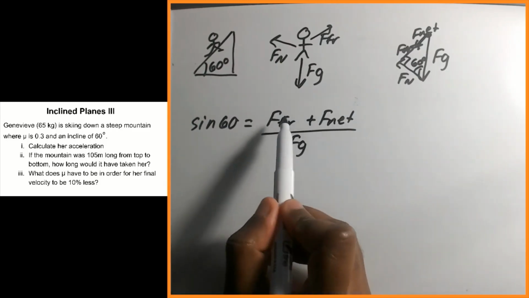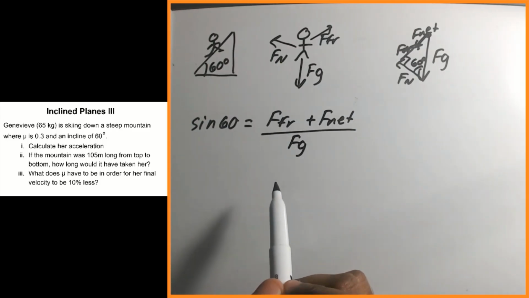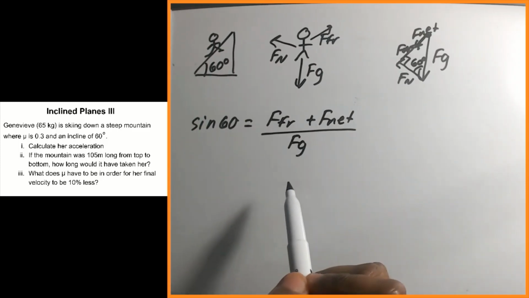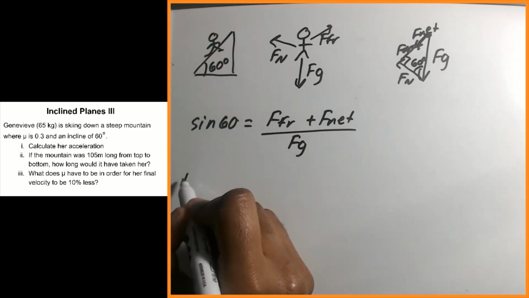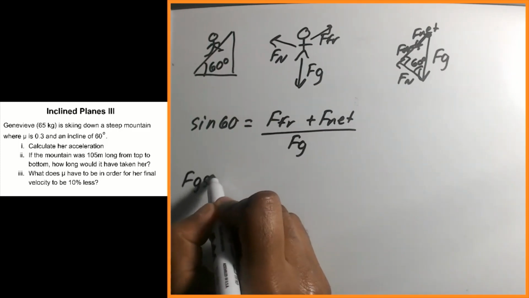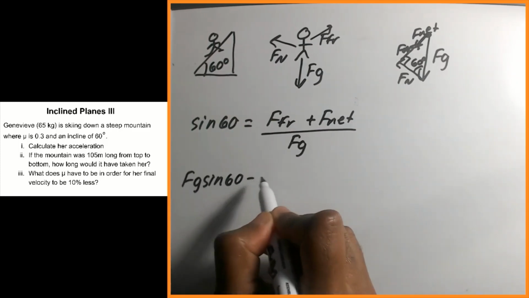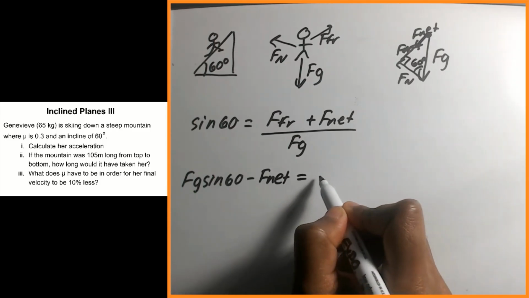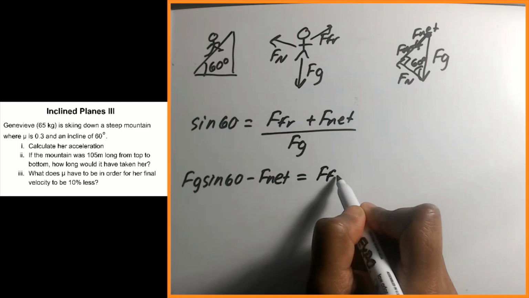And we can go ahead and try and solve for mu. So if we do that, we can just move FG over and minus FNet. So what we get is FG sine 60 minus Fnet is equal to F of friction.